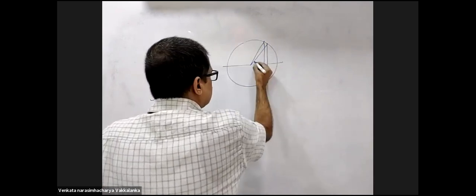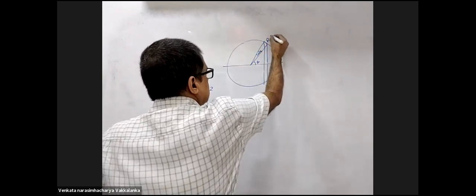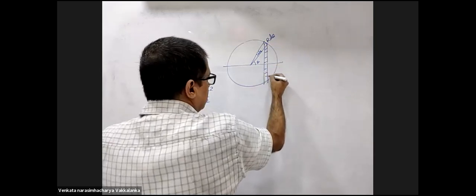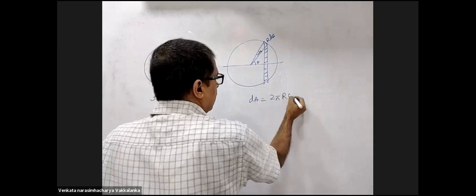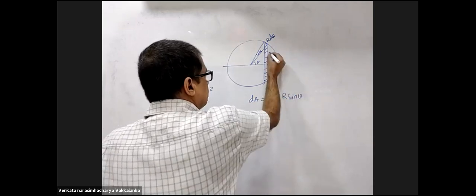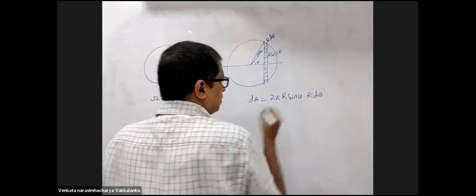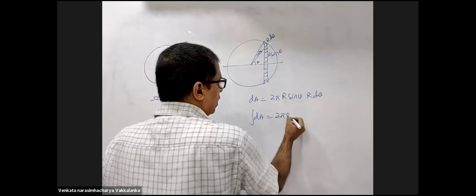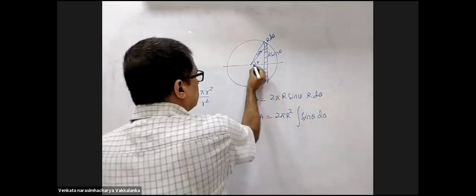What is the surface area? This is theta, this is d theta. This is r d theta. What is the surface area of the ring? dA is 2 pi times the radius of the ring, r sine theta, into r d theta. You integrate this: 2 pi r square integral sine theta d theta.